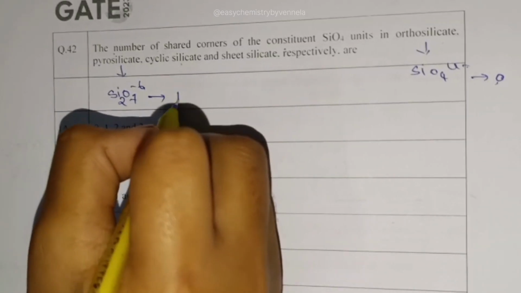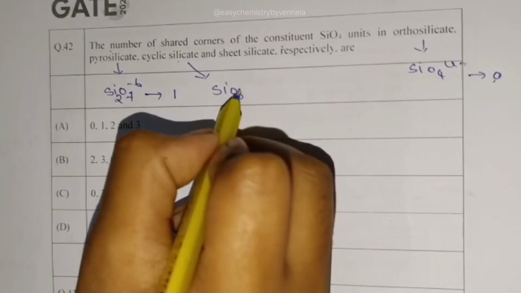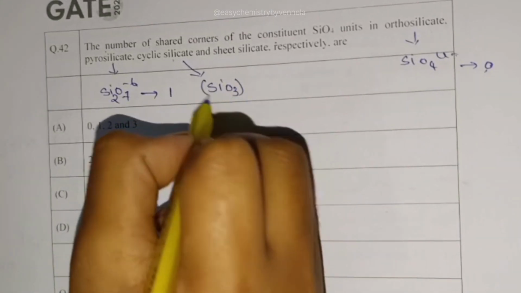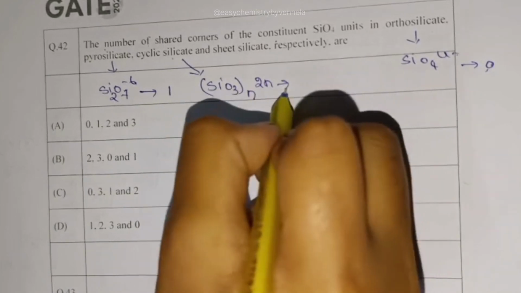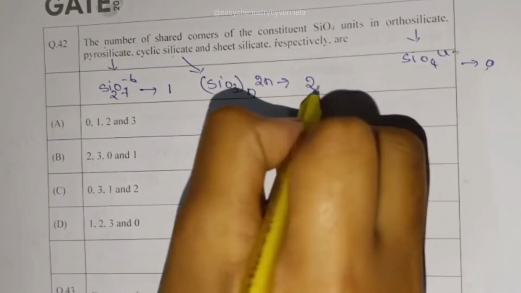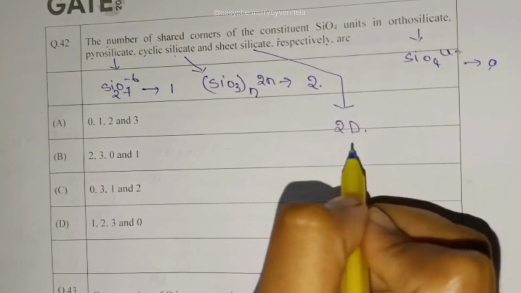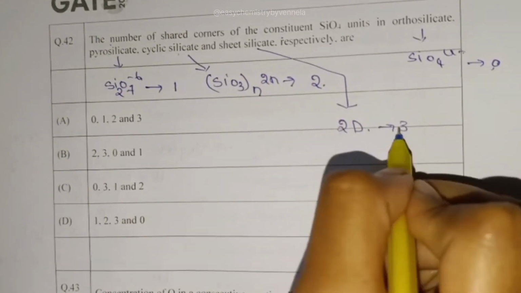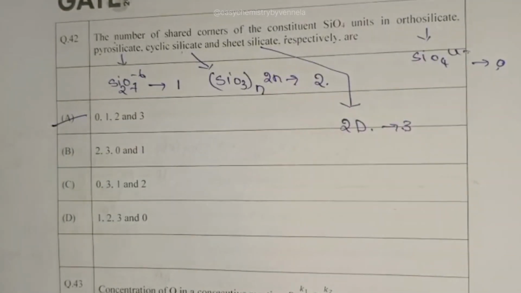Here 1. Next cyclic silicate SiO3 taken n times. It has 2n, that means 2 number of shared corners. Next sheet silicate is 2D structure. It has 3 number of shared corners. So correct option is A.